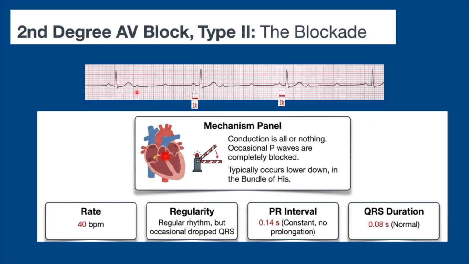So you'll find a P wave, but no QRS complex. So it is all or none, either to pass the impulse completely or not pass it at all.